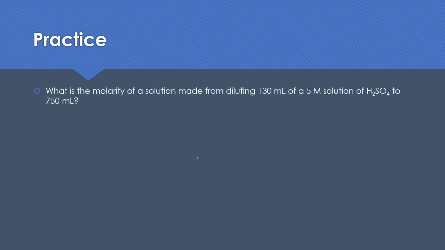So let's do some practice. What is the molarity of a solution made from diluting 130 milliliters of a 5 molar solution of H2SO4 to 750 milliliters? Okay, so remember, M1V1 equals M2V2. I'm diluting 130 milliliters, so that's my V1, of a 5 molar solution, so that's my M1. And I'm diluting it, so the larger volume is always the second volume, that's my V2.